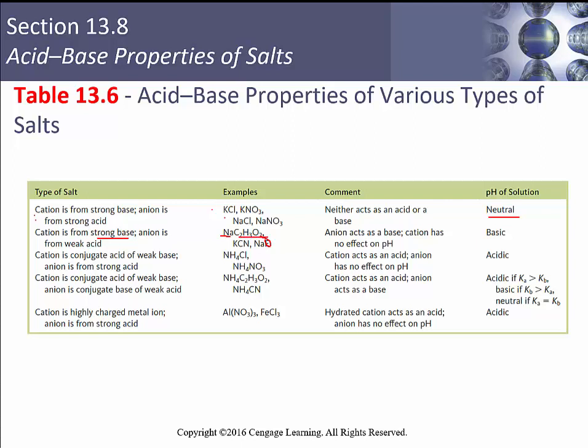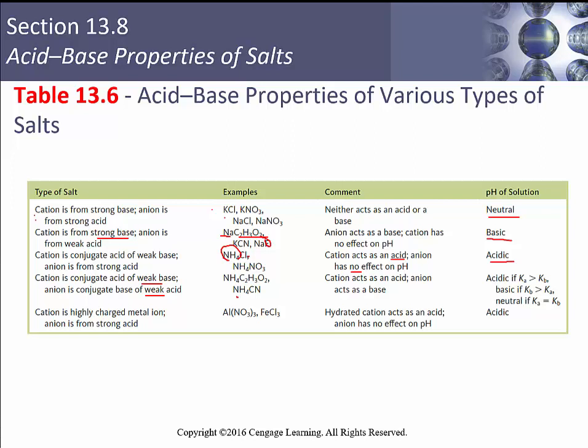The anion will act like a base, and the cation has no effect. It'll be basic. If the cation is the conjugate of a weak base, and the anion is from a strong acid, so I've got ammonium chloride, like from HCl, the cation is going to act like an acid. The anion has no effect. It'll be acidic. If the cation is the conjugate of a weak base, and the anion is a conjugate of a weak acid, they're both weak conjugates, like ammonium acetate or ammonium cyanide.